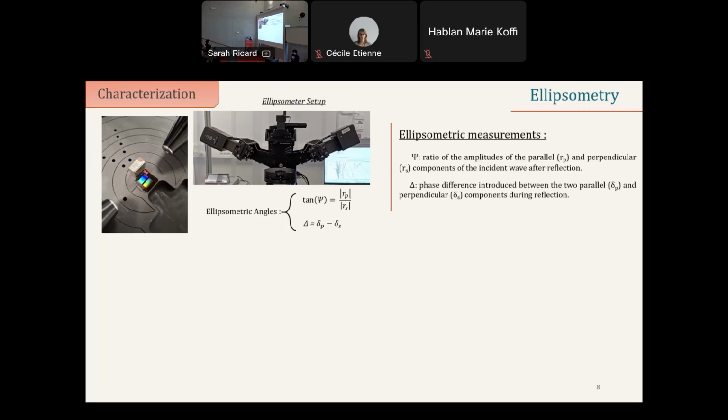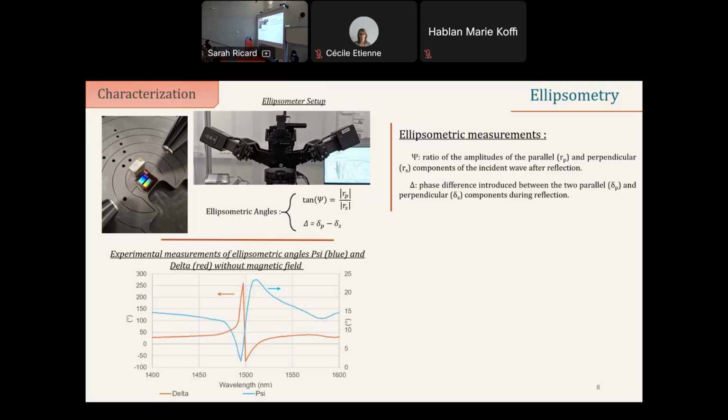So we have a way to understand the coupling between the parallel component and the perpendicular component of our wave after reflection.